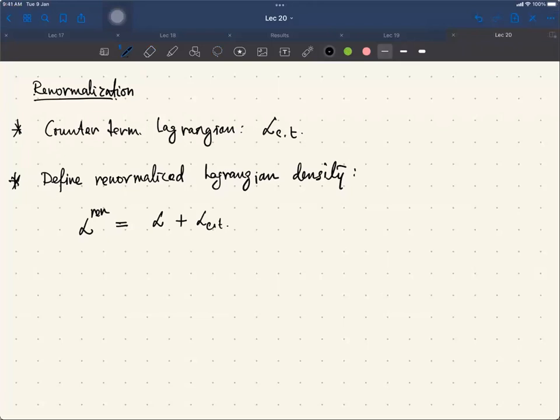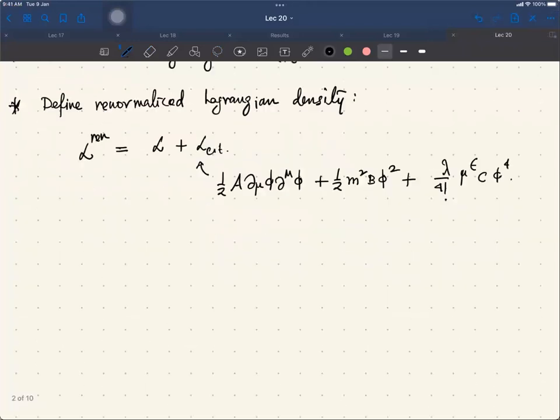And this counterterm Lagrangian has the form half a del mu phi plus half m square b phi square plus lambda by factorial 4 mu to the power epsilon c phi to the power 4. And we calculated a, b, c.